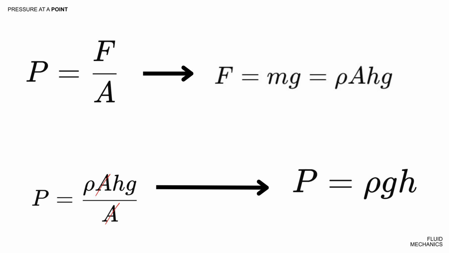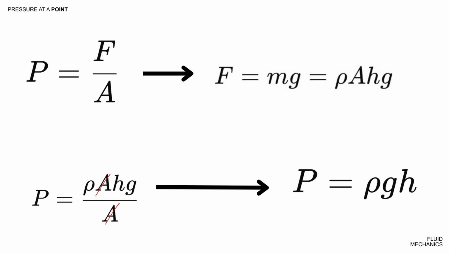Force can be obtained by multiplying mass times gravity. Now, mass can also be obtained by multiplying density times volume. Plugging that in, it will become density times volume times gravity. Now, volume can also be obtained by multiplying area times height.